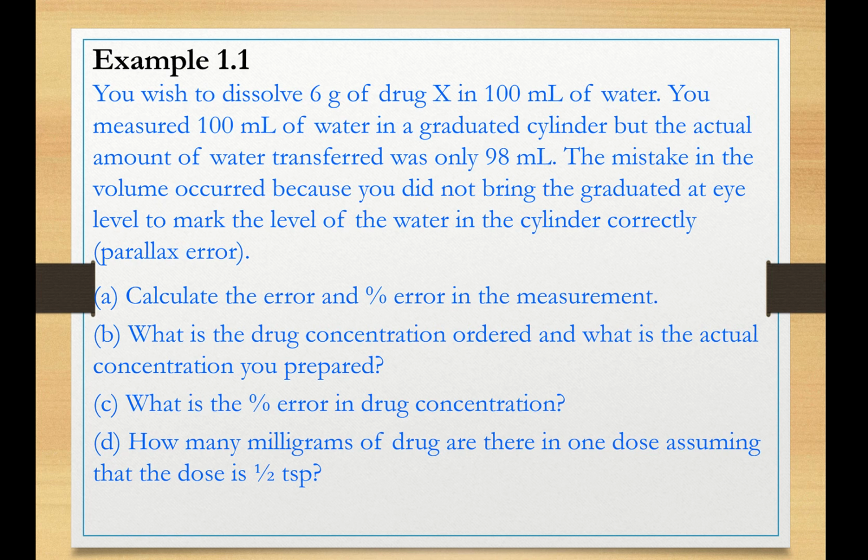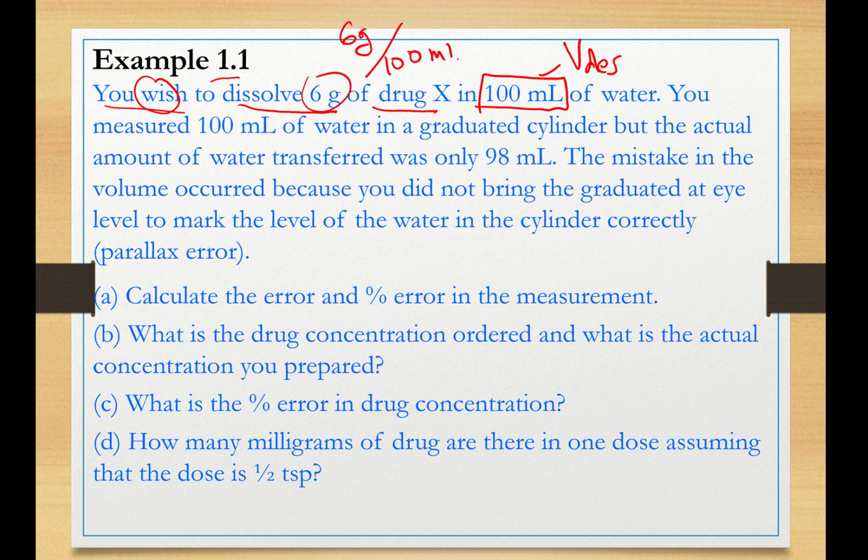Let us now go through a more involved example. Example 10-1, you wish to dissolve 6 grams of drug X in 100 ml of water. So this is what you wish, right? So this is the desired volume, V desired. And of course, the 6 grams over 100 ml is the desired concentration.